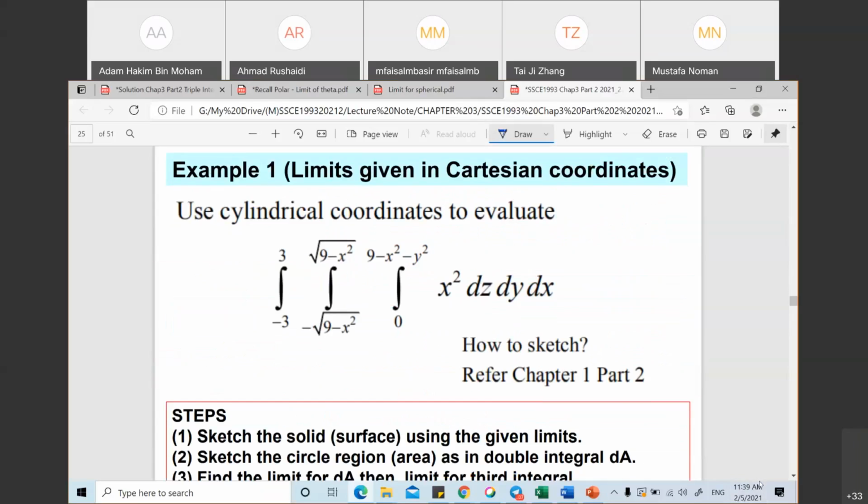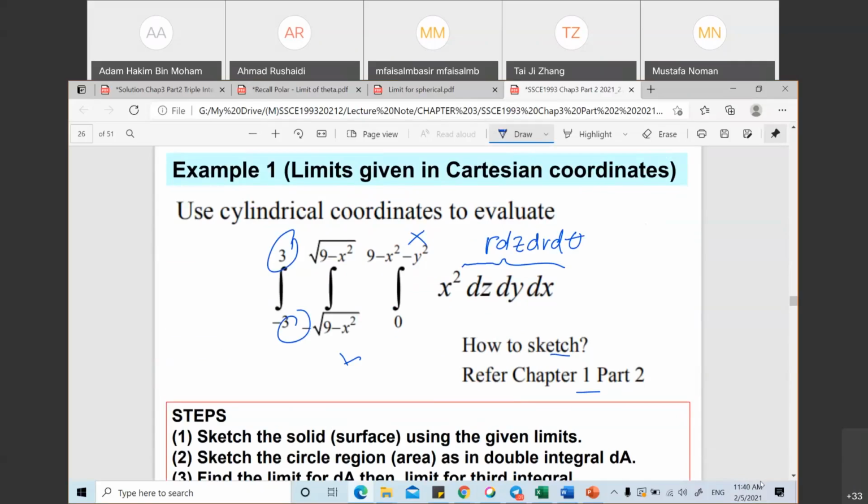Use cylindrical coordinate. This is one of the famous questions. Sketch before, chapter 1, chapter 2. To change this into r dz dr d theta, everything should have no x, no y, and this should be angle.